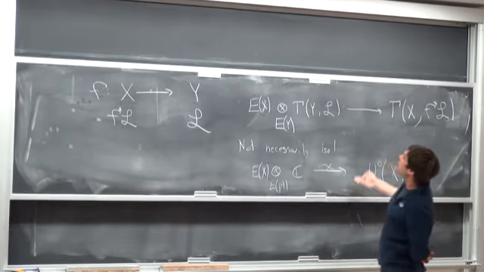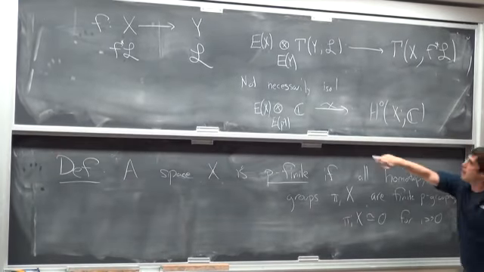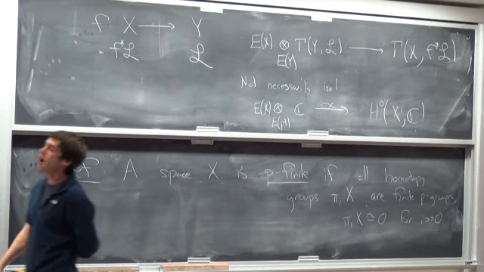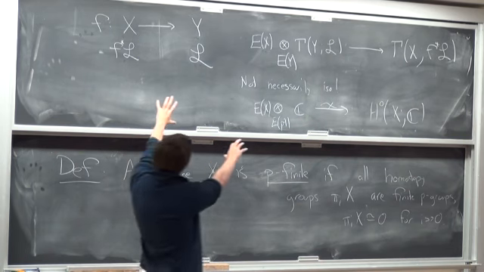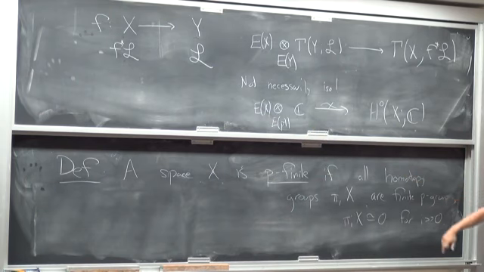So the failure of maps like this to be an isomorphism is sort of why local systems are not quite the right thing that we want to consider. So what I'd like to do is modify this category of local systems by sort of building in the idea that this should be true.